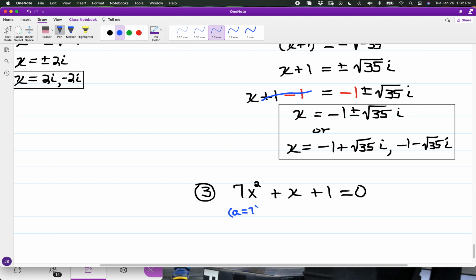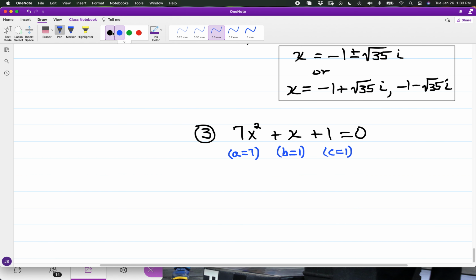So we have all the terms are positive. From 7x squared, we have a is equal to 7, and from x, we have b is equal to 1, and since we have plus 1 at the end of the trinomial, we have that c is equal to 1. In looking at what we have in x, you have negative b plus or minus the square root of b squared minus 4ac all over 2a.